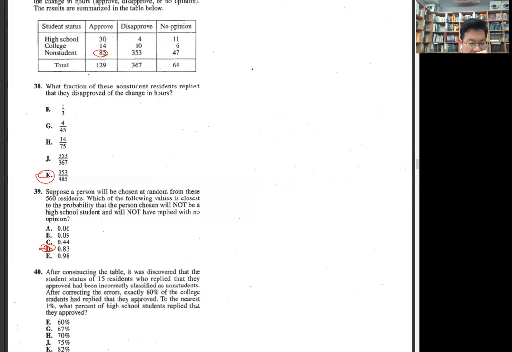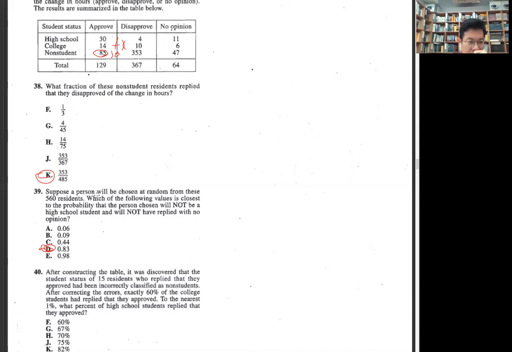And after correcting the error, so we take out the 15 from here, so 17 left now. And then 60% of college students replied they approved. So add college students X, right? X. And 60% of college students replied approved. To the nearest 1%, what percent of high school students replied approval?